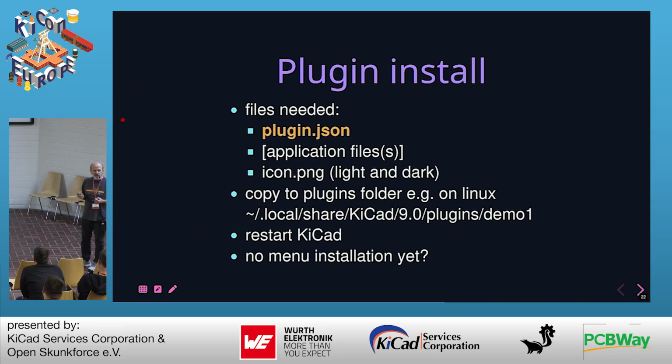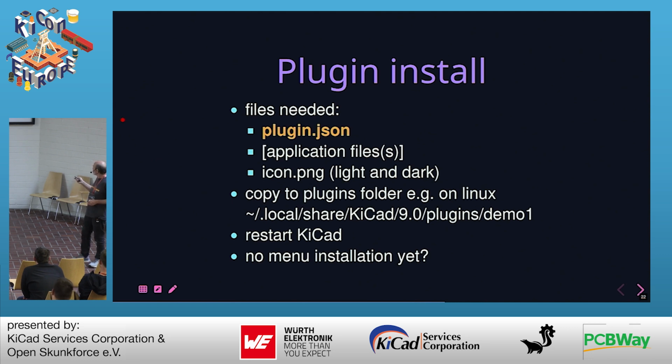And you want an icon, that's on the top right in the example. So these files, you basically copy all three of them. There's a fourth one that I'll get to just now. But you copy these into the KiCad plugin folder. This folder is different for the different platforms. This is for Linux.